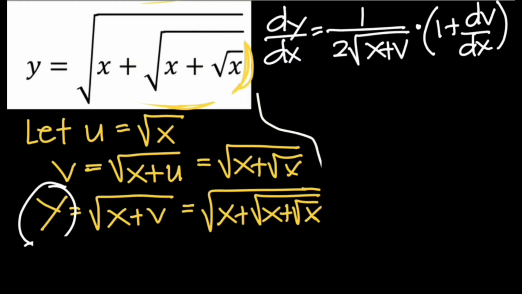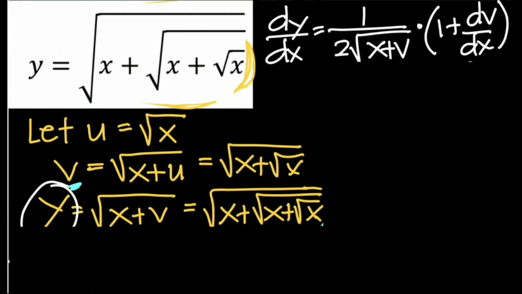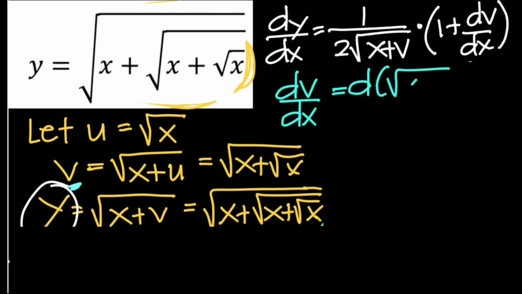Now, the next function that we're going to derive is the function v. And v is equal to the square root of x plus u. So to derive that, we find dv with respect to x. This is just the derivative of the square root of x plus u with respect to x.